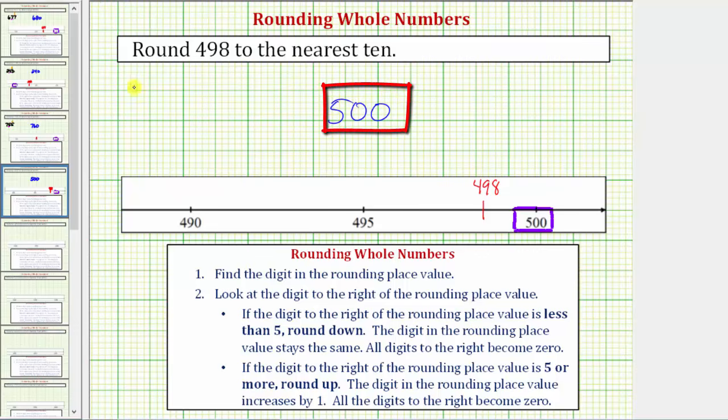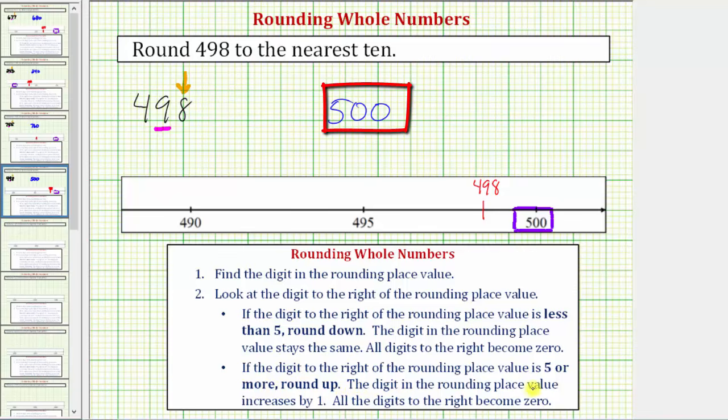Using our formal rules, we begin with 498. We begin by identifying the digit in the rounding place value, which is the 9 in the tens place value. The digit to the right is a decision maker, so the 8 in the ones place value indicates whether we round up or down. So because it's an 8, and 8 is 5 or more, we round up.